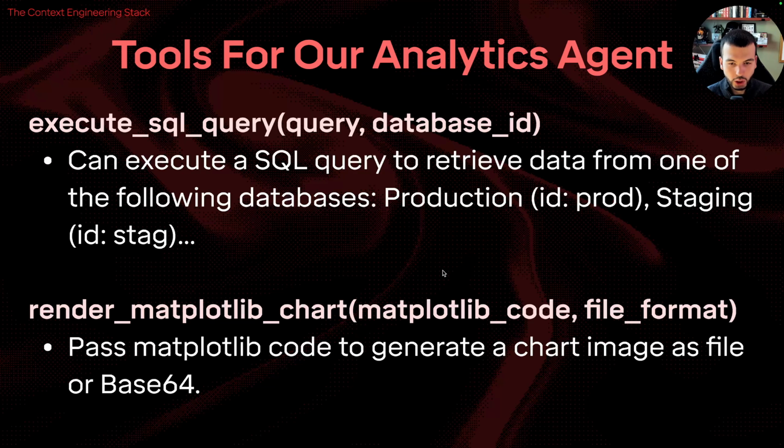Rendering a matplotlib chart is a great example, right? What you could do is give it a run Python code tool. That could work too, and the model might get it right. That's great. Or you can create a function that is very narrow, that is more about just preloading matplotlib and having some sane defaults, and then you're limiting the model to just returning a specific file format.